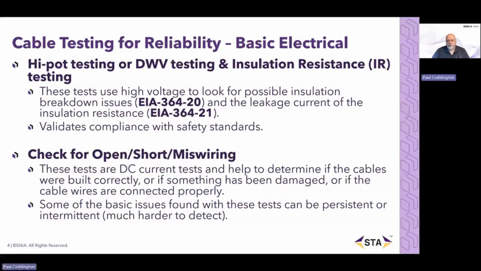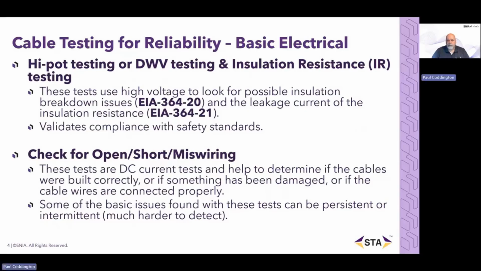Open short miswiring tests are simple DC current tests that can determine if a cable was built properly, the cable wires were connected to the right places, and checks for certain manufacturing defects or possible damage to the cables.